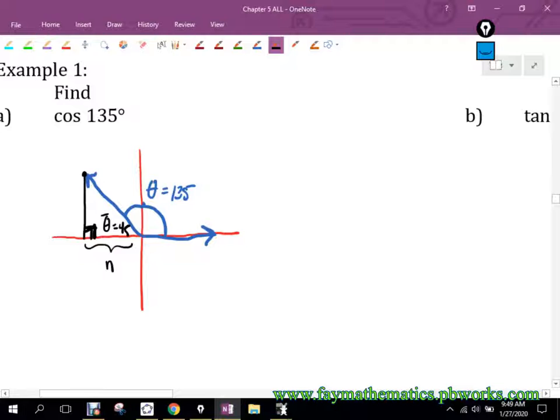Now, you can do one of two things. I'm going to do it right now, but you can do this at the end if you want to. I know that if that's 0, 0, and I move this direction, I move left, that n value is really what? If you move left from 0, 0, it's negative n, isn't it? Yeah. What is this distance here? That's the y distance.